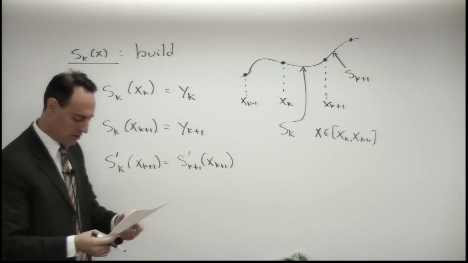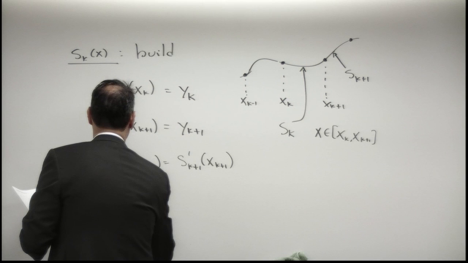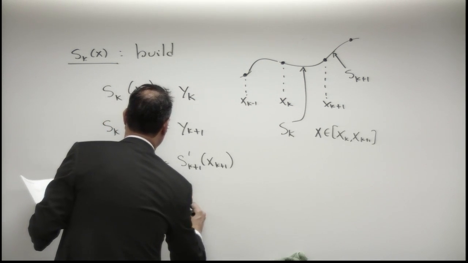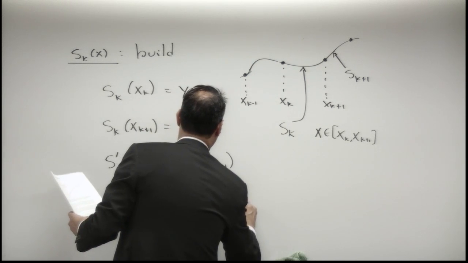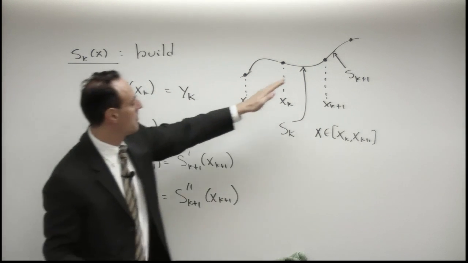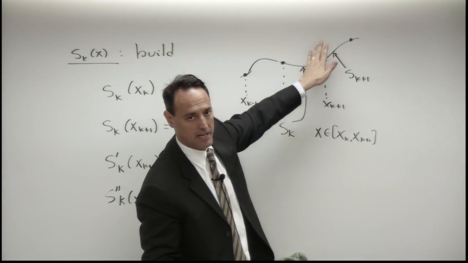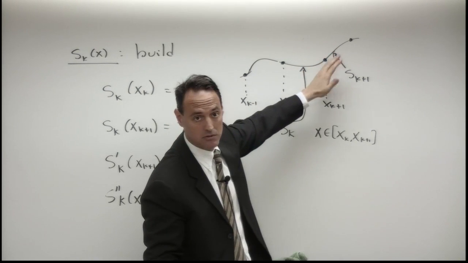Not only going to do the first derivative, I'm going to also do the second derivative. So I don't just impose that the derivatives match. I impose that the second derivatives match. In other words, the inflection point has to match.